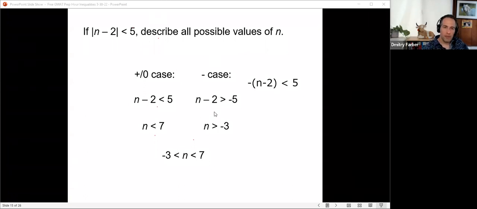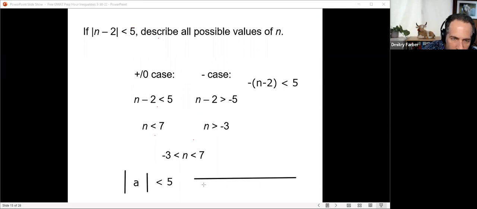Another way we can get used to doing this is graphically. If you think back to what we did before with the less than 5, what we had said was, hey, if the absolute value of A is less than 5, then on the number line, I can fill in anywhere from -5 all the way up to 5, A can be.